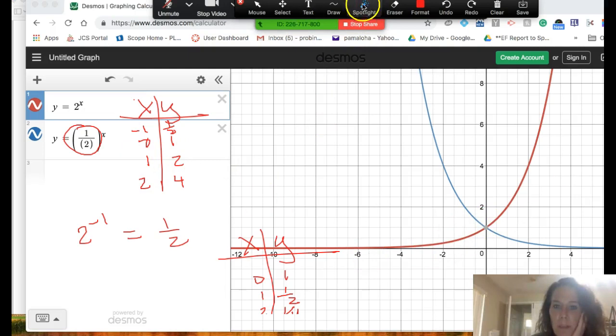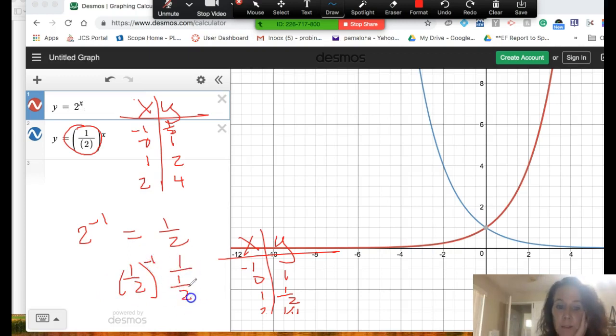Now look, if I plug in a negative power with my base of 1/2, well, look what happens. 1/2 to the negative 1 is equal to 1 over 1/2 to the first power. And I flip the fraction, keep the top, flip the bottom, and that's going to give me 2.